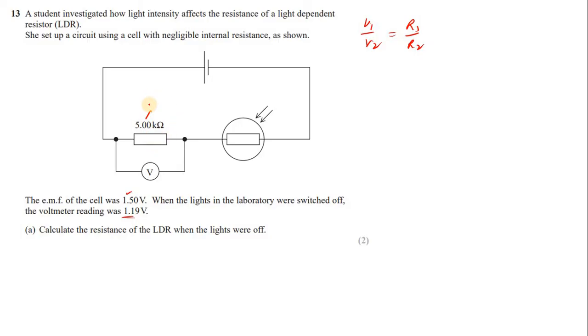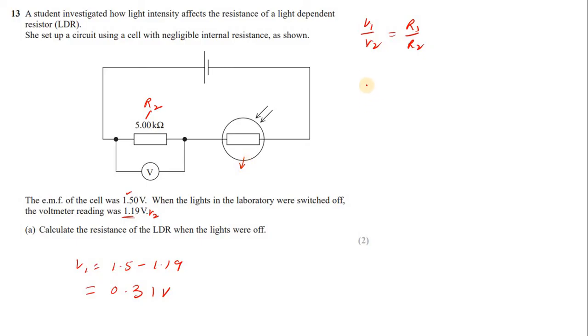Let's call this R2, and that means the voltage shown here is V2. Of course we can figure out V1. So V1 would be equal to 1.5 minus 1.19, which is 0.31 volt. This is the voltage across the LDR.